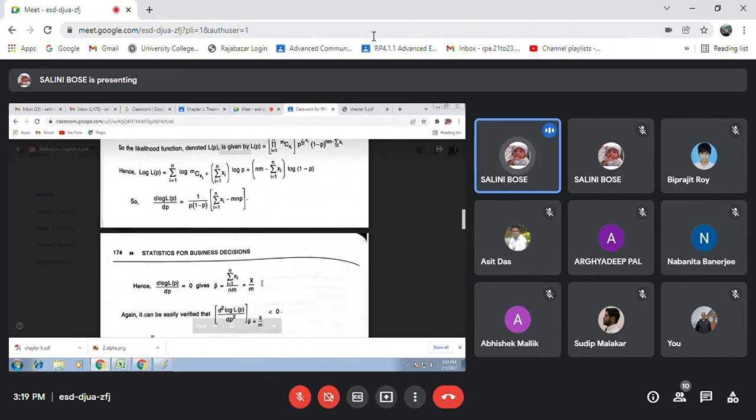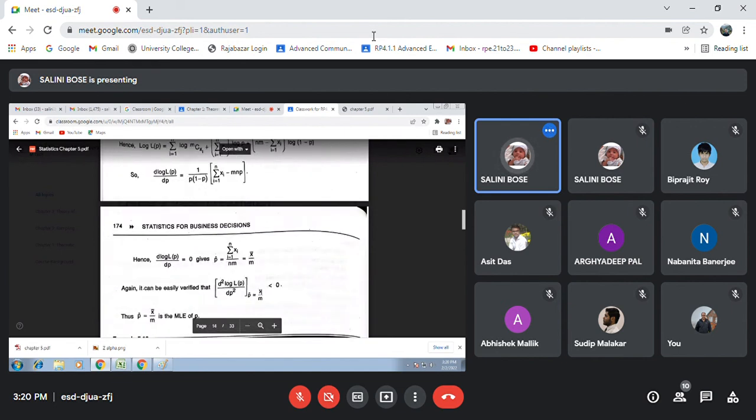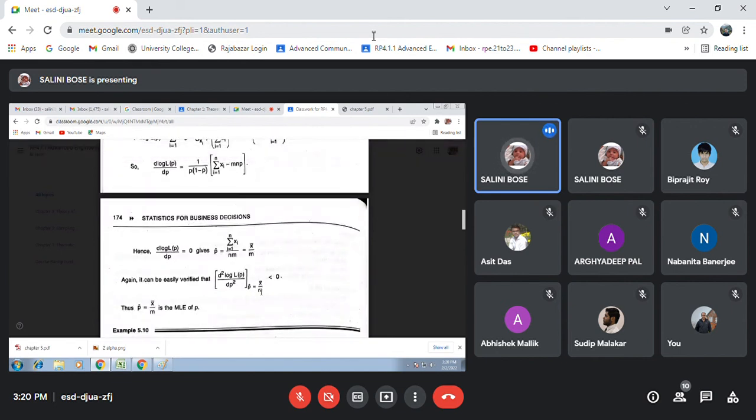And finally, to get the maximum value, you have to make it 0. By making it 0, we'll get p cap equal to x bar by m, which is the same as p equal to x bar by m.